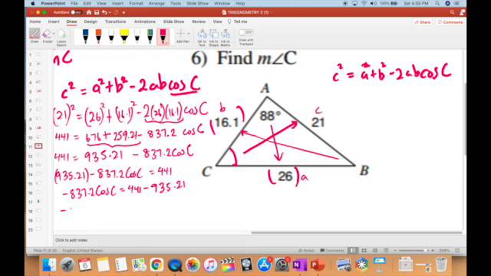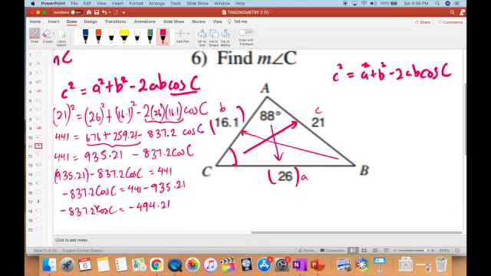So therefore negative 837.2 cos C is equal to 441 minus that, which is negative 494.21.